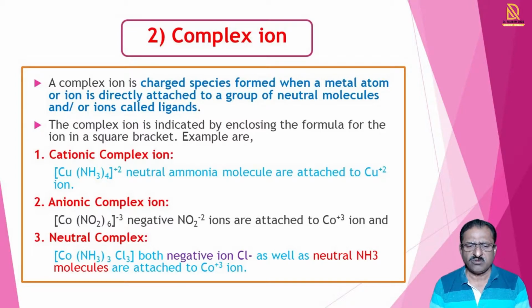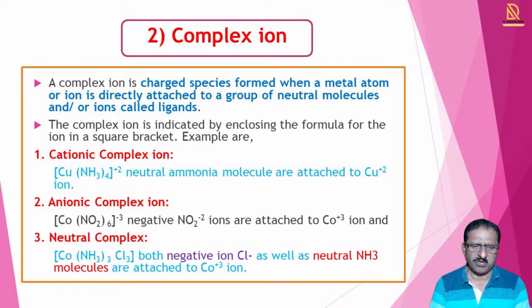Now we take the second type, the anionic complex ion. We take the example [Co(NO2)6]3-. In this example, negatively charged NO2 minus ions are attached to the cobalt 3+ ion.